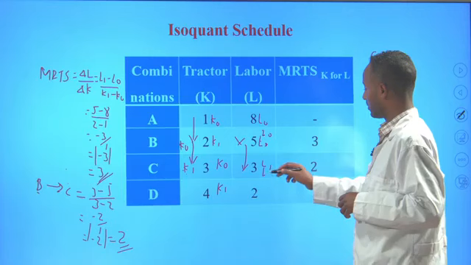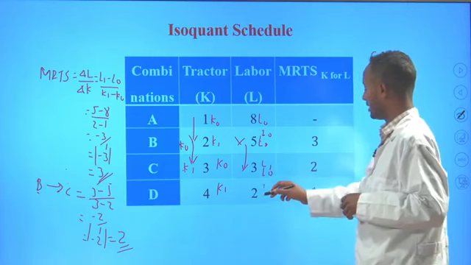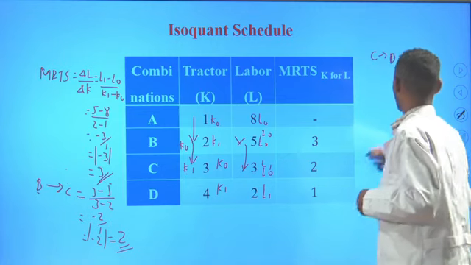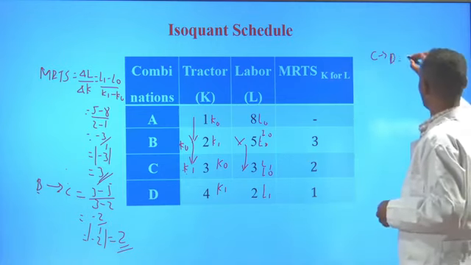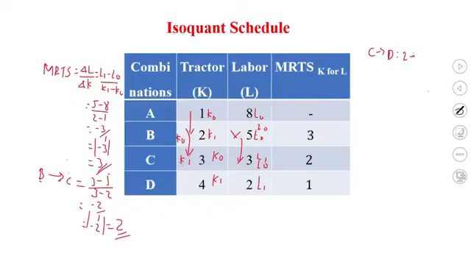That means labor was initially 3 and finally labor declined to 2. And when we put this information in this formula, the value of labor final is 2 minus labor initial is 3, and the value of tractor final is 4 minus tractor initial is 3, and then this is minus 1 over 1, and we are left with minus 1. When we put it out of absolute value, we are left with 1.